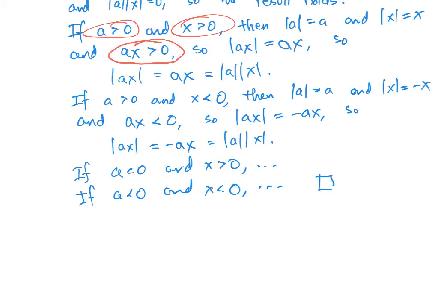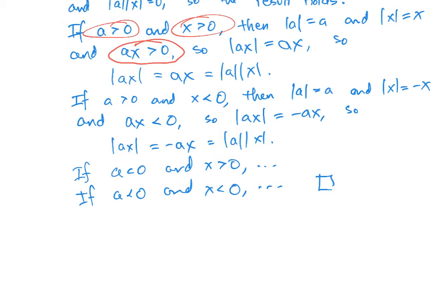Sorry, go ahead. I was just going to comment about a less than 0 and x greater than 0. That has the same proof as a greater than 0 and x less than 0, correct? Yeah, sure. You could appeal to commutativity there.